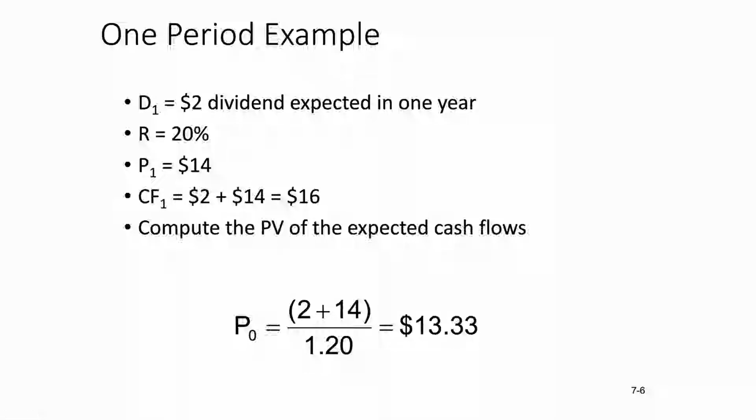This is the present value for a $16 future value, 20% interest rate, period 1. The value of this stock, if it will give you 20% return, the price should be 13.33. You do the calculation, okay? So this one will give you 20% rate of return.